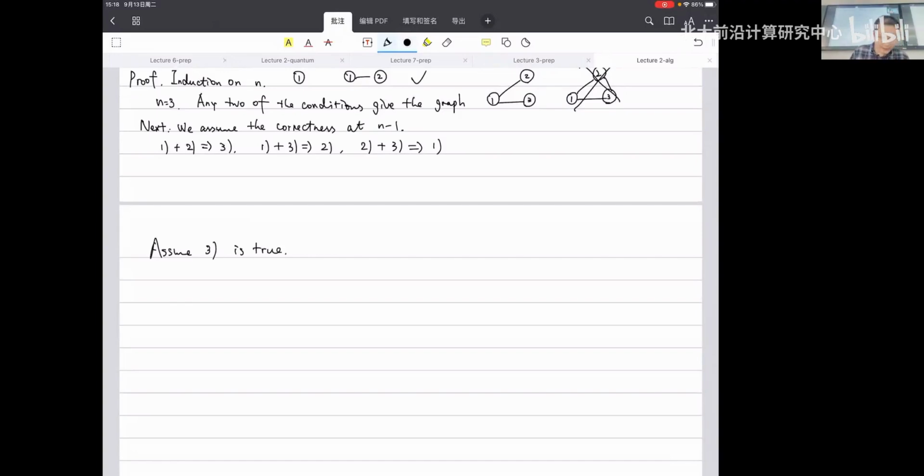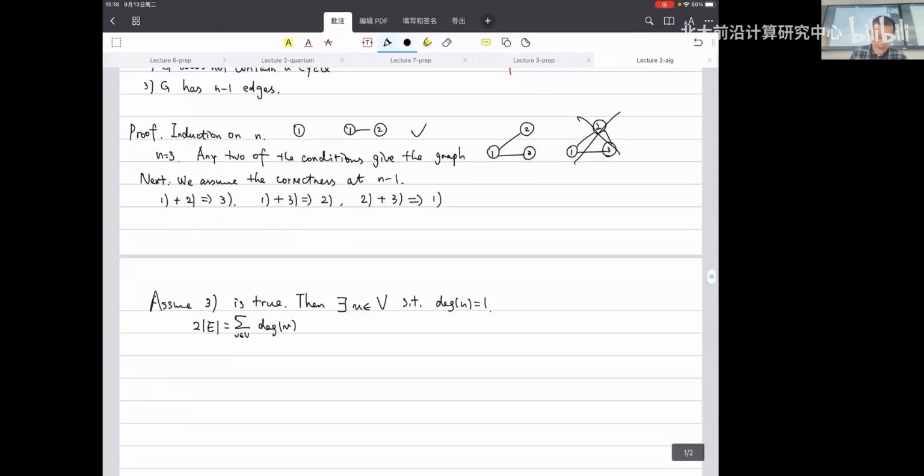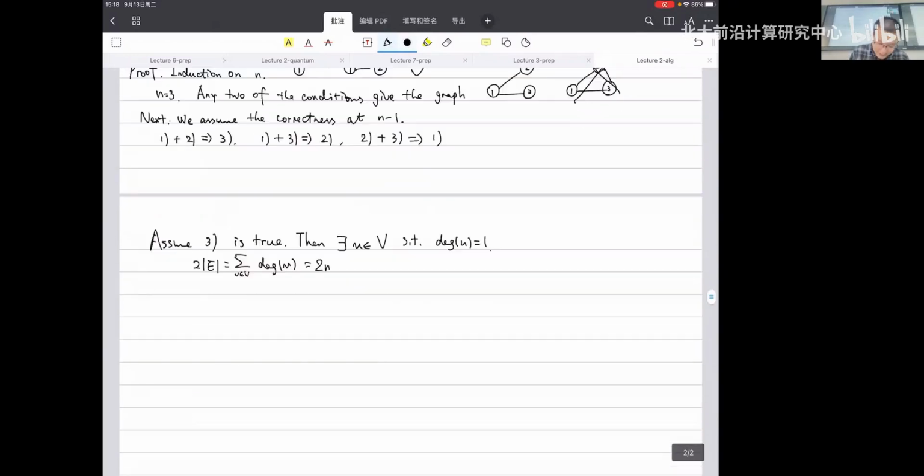Assume 3 is true, then we know that there exists a vertex u such that its degree equals 1. So why is this the case? Recall the fact that 2 times the number of edges equals the summation of the degrees of all the vertices. By the assumption of 3, G has n-1 edges, so this equals 2n-2.